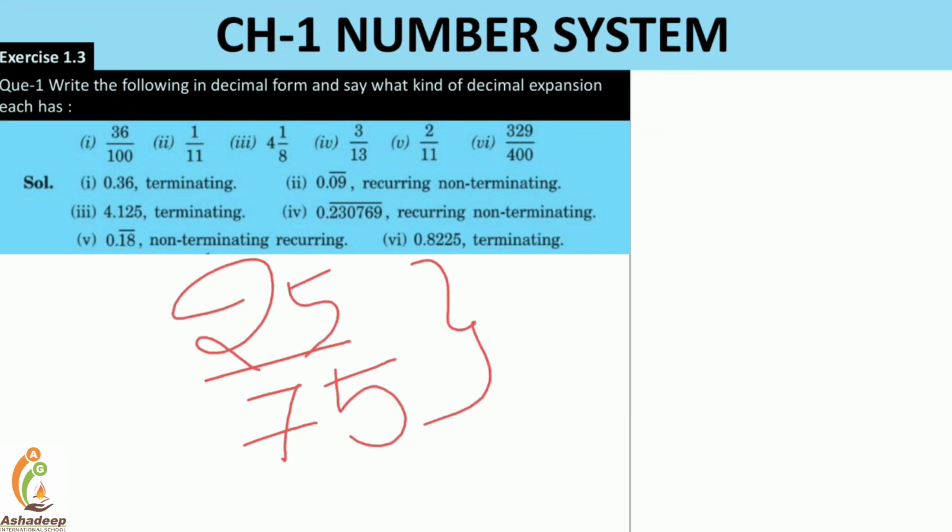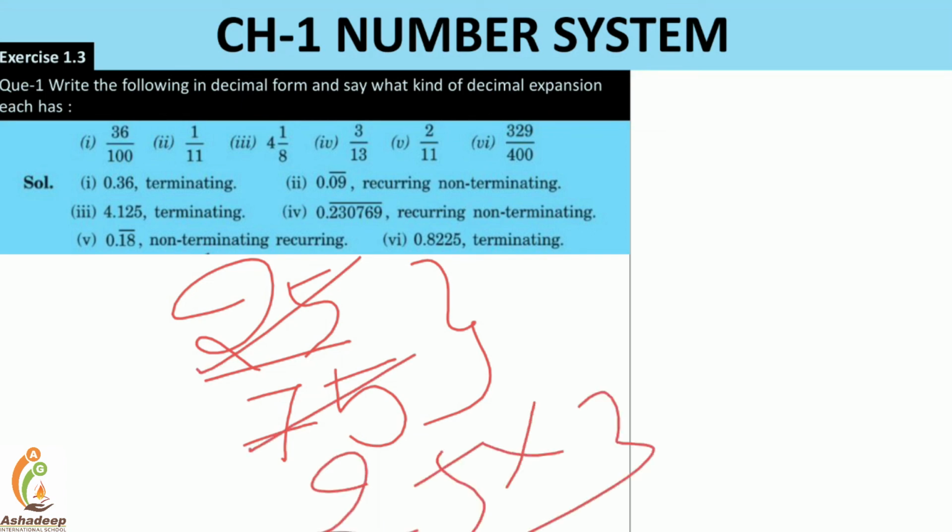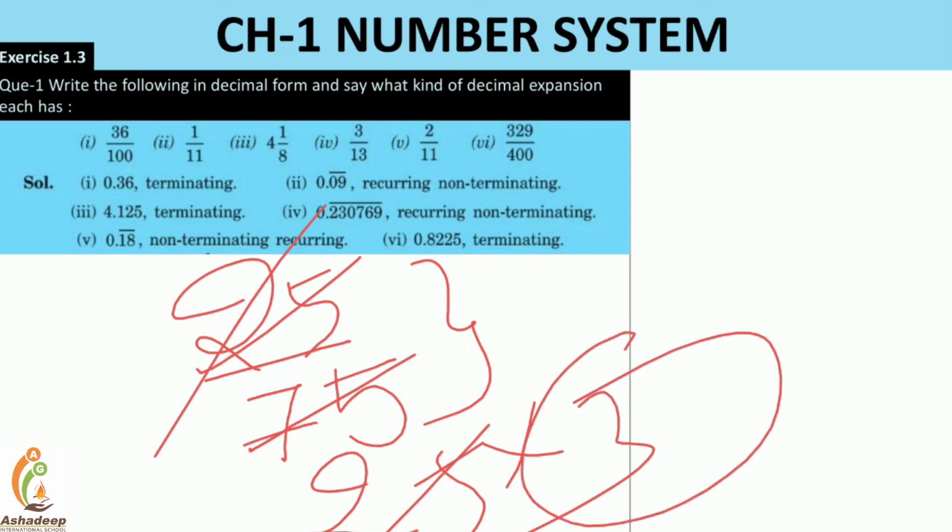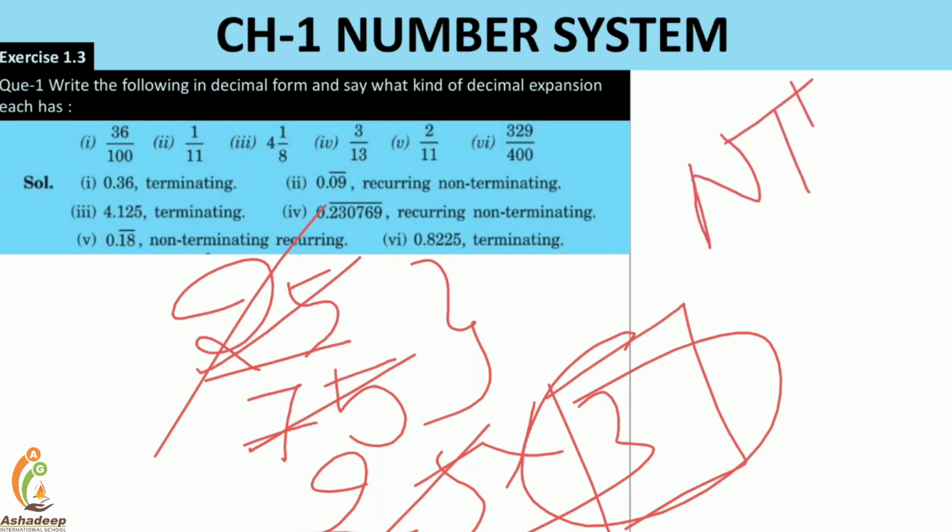25, see, we can reduce this denominator. So whatever answer you write, first of all you need to reduce the denominator, right? So how can I reduce it? 25 3s are 25, 25 cut. Now in the denominator there is a 3. If it is other than 2 and 5, then it is non-terminating recurring.